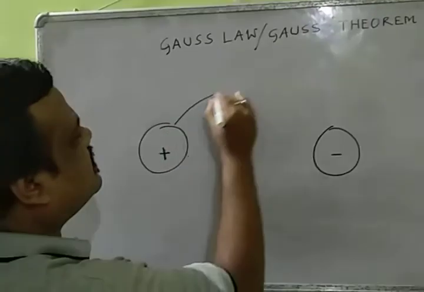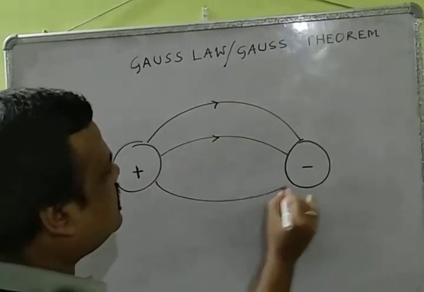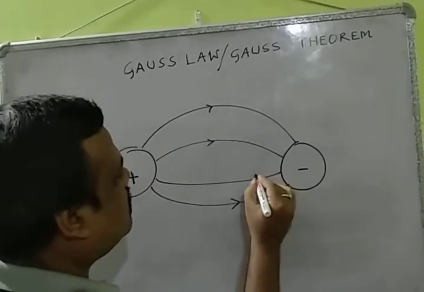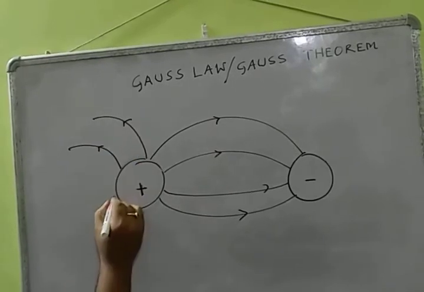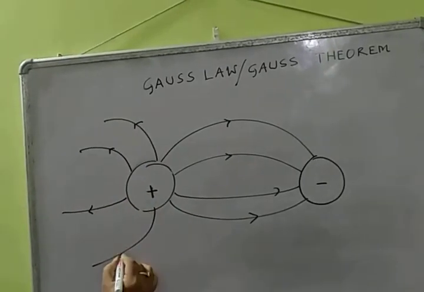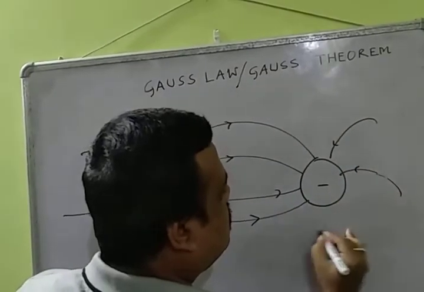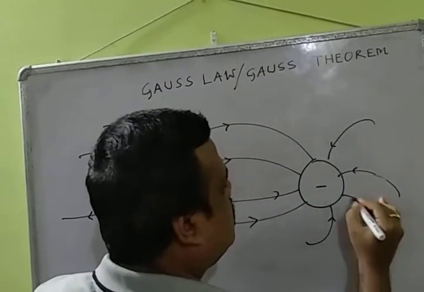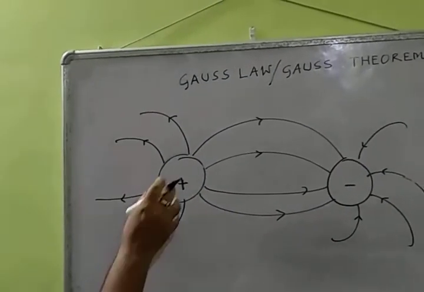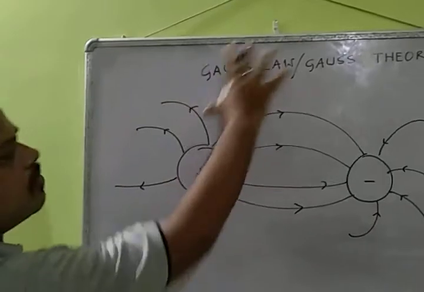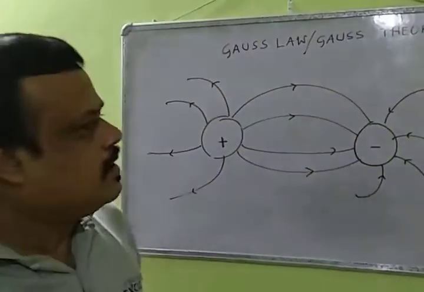That means like this, like this, like this. Here flux is outward because lines of force are outward. Here flux is inward because lines of force are inward.